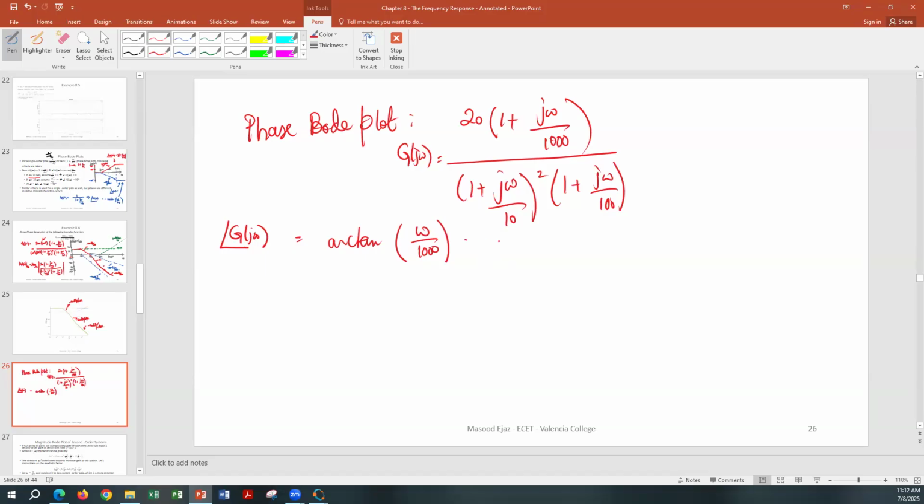And then you have negative arctan of omega over 10, minus arctan of omega over 10, minus arctan of omega over 100. Each factor has an angle associated with it.